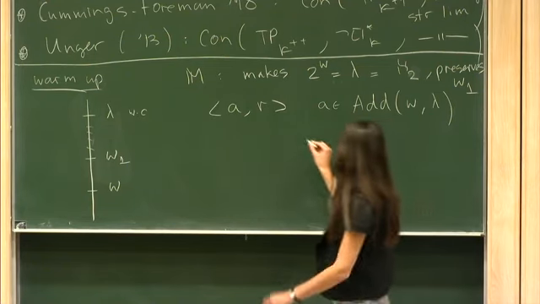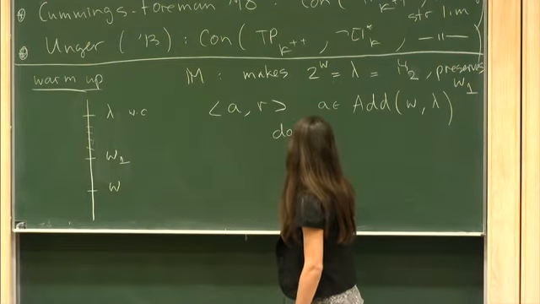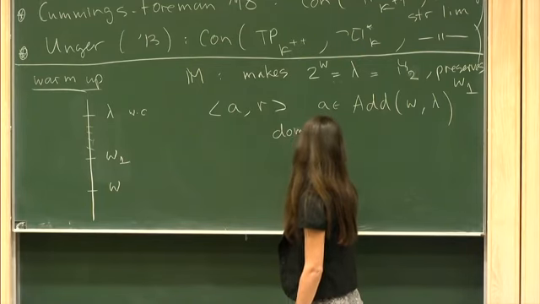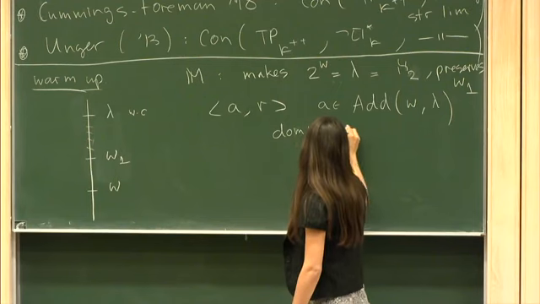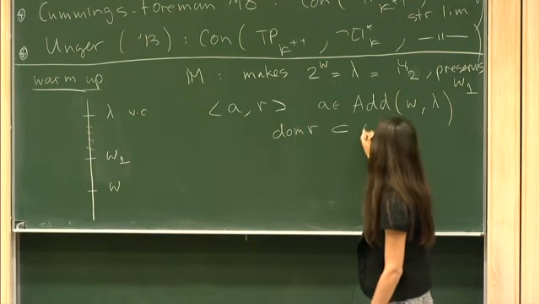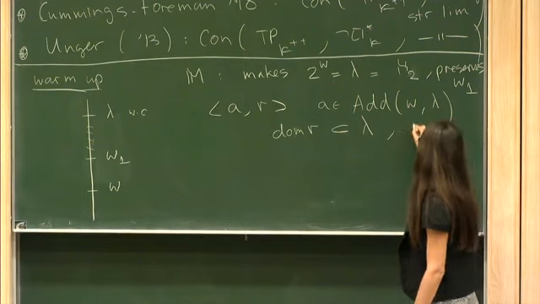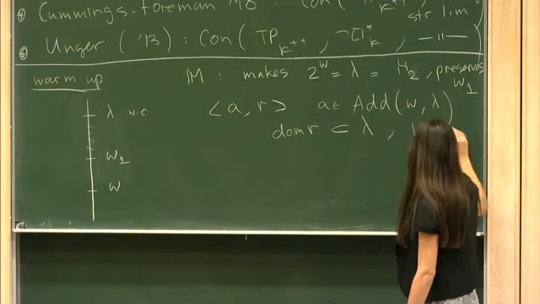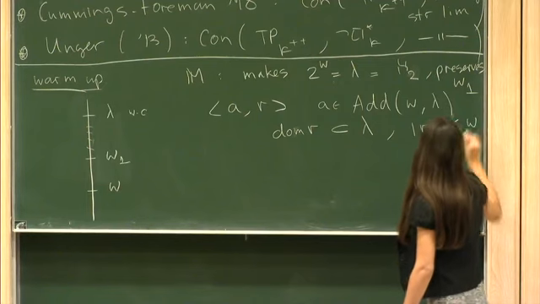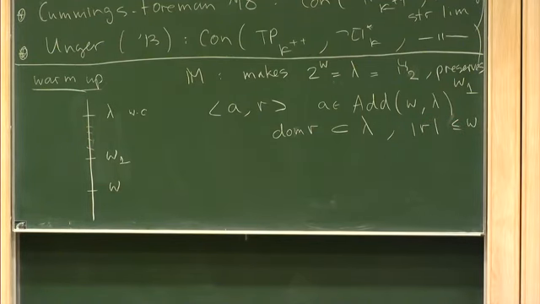Now what about R? R is a partial function with domain a subset of lambda, of size less than or equal to omega.